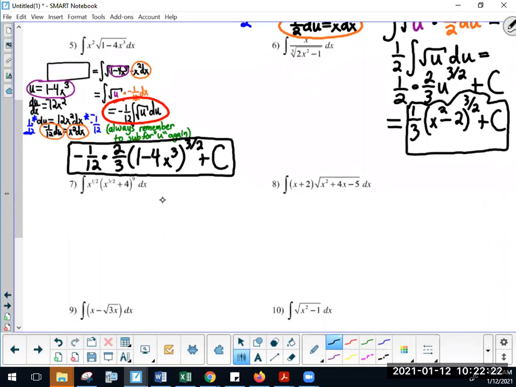So I look here and I think about how x to the 1/2, well, that's derivative is definitely not x to the 3/2 power plus 4, not even close. But the derivative of x to the power of 3/2 plus 4 is really, really close to x to the 1/2 power. So that's what I'm going to substitute for, the x to the 3/2 power plus 4.